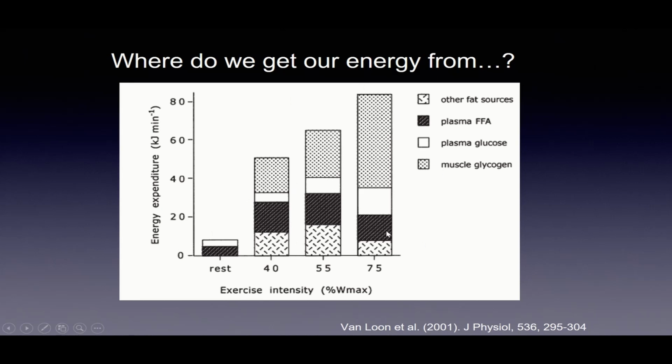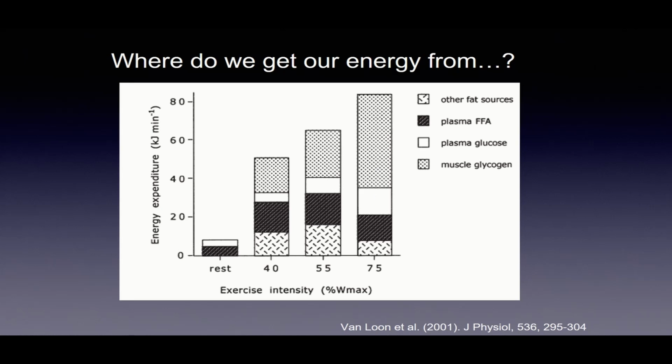And when we're working at higher exercise intensities, so this was 75% of the wattage that was cycled on a stationary bike, then we can see that carbohydrate and plasma glucose, so that's glucose that is circulating in the blood, is being used for fuel. So really this just backs up what we've already mentioned in previous lectures about the type of fuel being utilized.